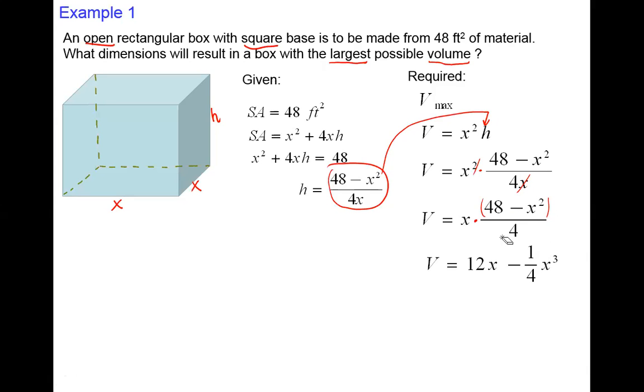Okay, I hope it's not too fast. X times 48 will be 48x. I can write it down. 48x minus x times x squared, x cubed, over 4. But 48 divided by 4 is 12x, and x cubed over 4 will be simply 1/4 of x cubed.